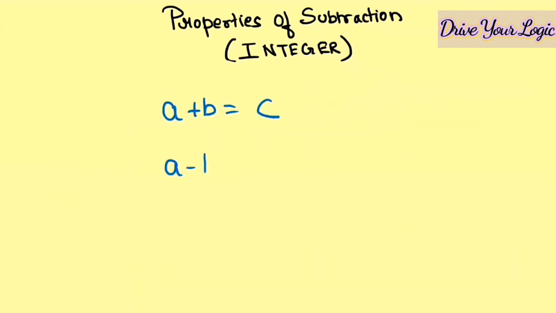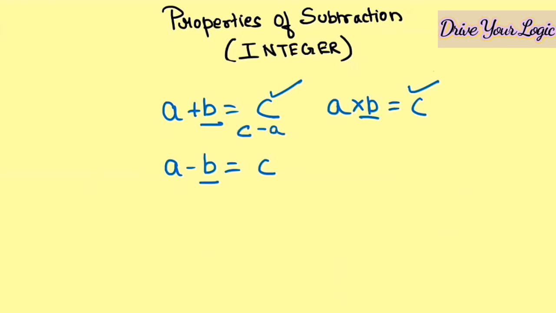A plus B equal to C. A minus B equal to C. For example, now always remember, suppose here it is dash or here it is dash. Always remember the resultant of addition as well as multiplication is greater. Okay, so these are greater. If there is any dash, you have to do C minus A or C minus B, whichever dash is there.